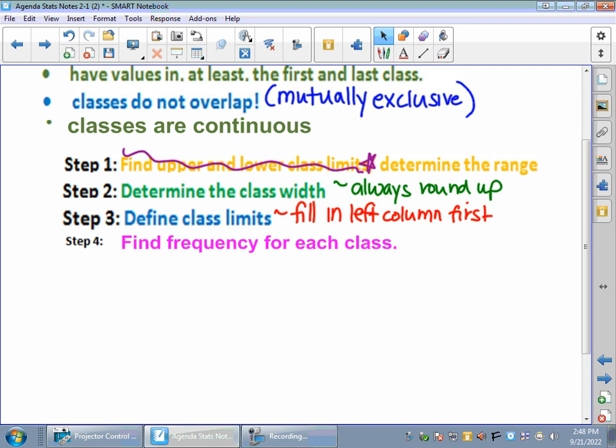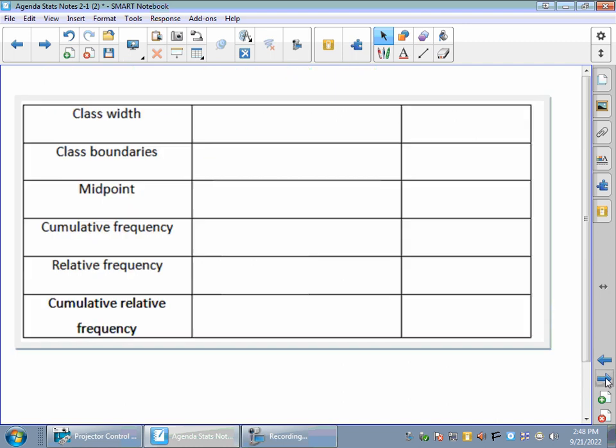So again, a lot of information. Let's talk about a little bit more information, and then we can actually make a table. All right. So, class width. I've mentioned it a couple times. Class width, you do your range divided by the number of classes. And remember, always round up.